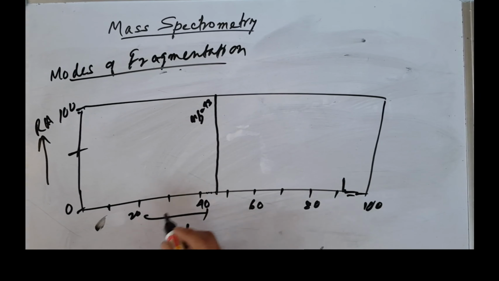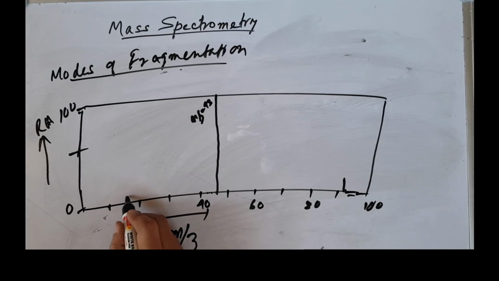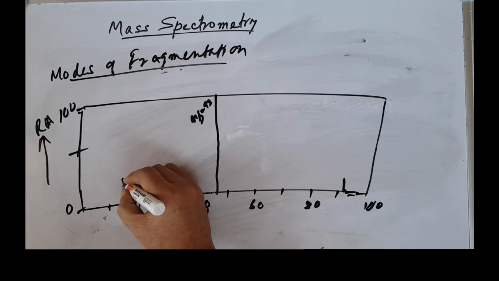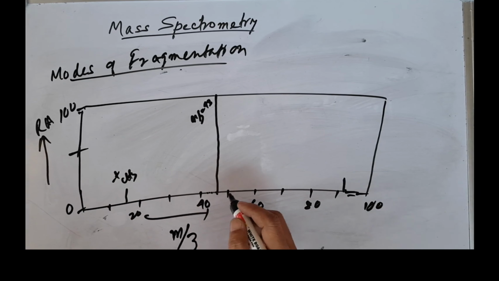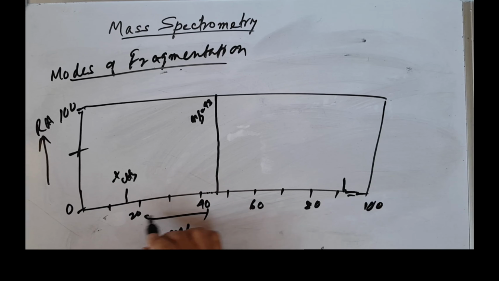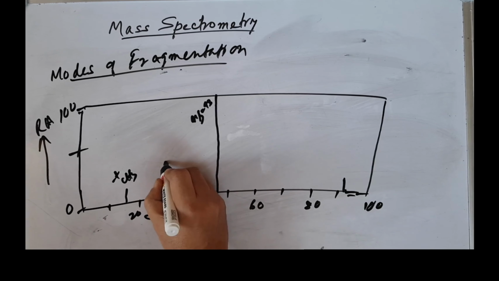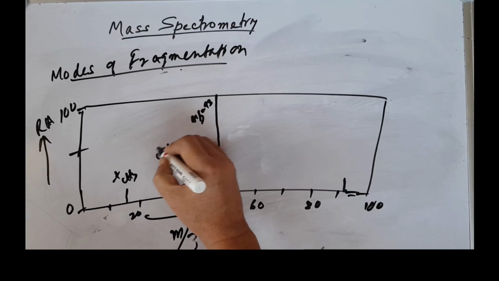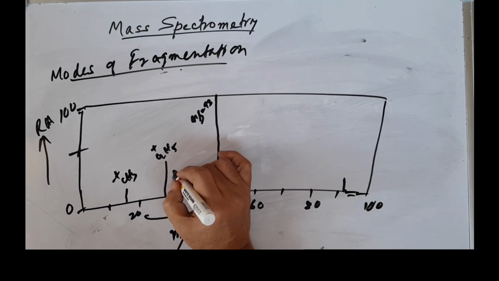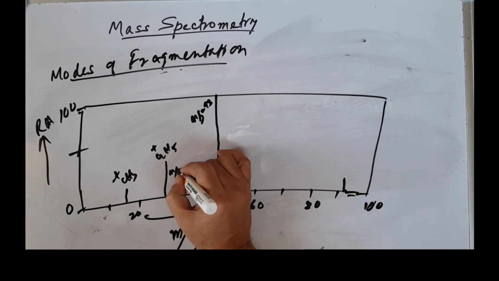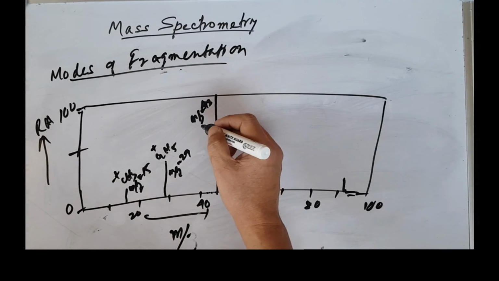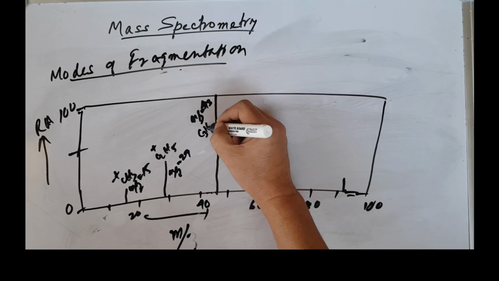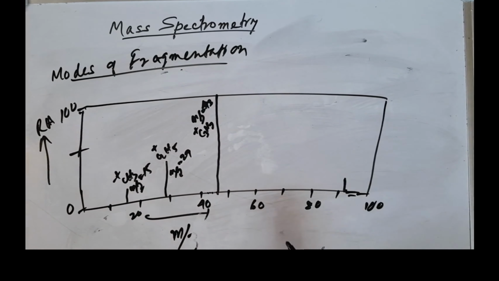And in the other case, 15 here: CH3 positive charge, m/z value is 15, and C2H5 positive charge is 29, m/z value is 29. And here m/z is 43, which is C3H7, and this fragmentation is the highest.